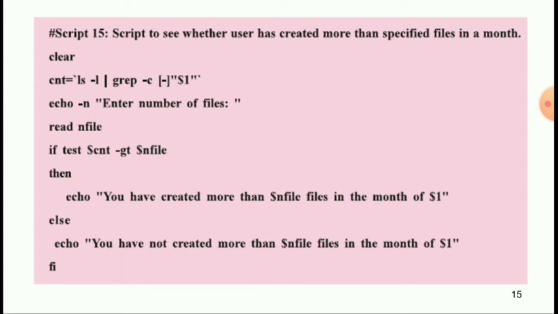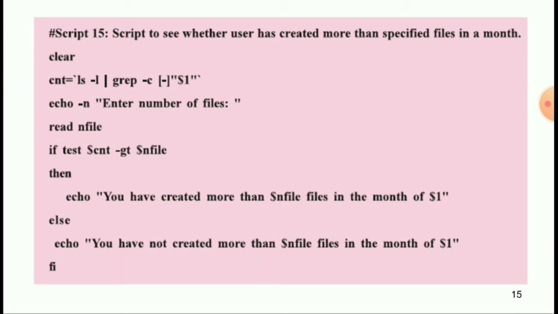If the value of cnt is greater, we print the message you have created more than $nfiles files in the month of $1, where $nfiles and $1 are replaced with appropriate values. Otherwise we print the message you have not created more than nfiles files in the month of $1.